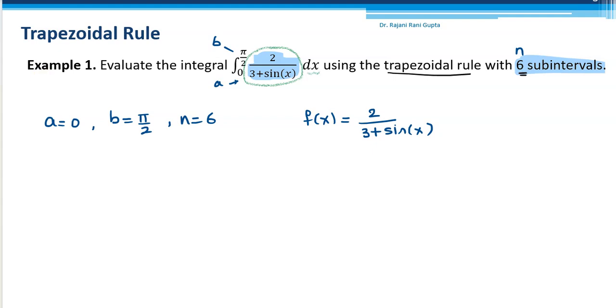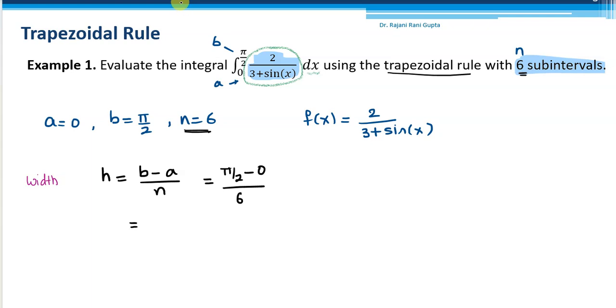Now the first thing that you have to do is to find the width of each subinterval. We have to divide it into n subintervals, so we should know the width of each subinterval. It is given by the formula (b minus a) over n. What is your b? b is pi by 2, minus a is 0, over 6.